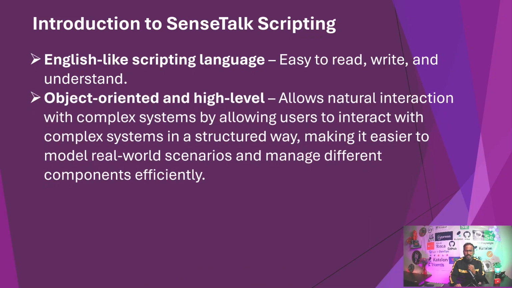And then it is object oriented and high level, which means this scripting allows natural interaction with complex systems by allowing users to interact with complex systems in a structured way, making it easier to model real world scenarios and manage different components efficiently.